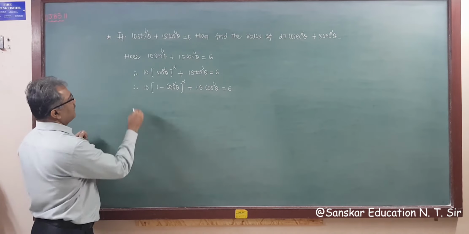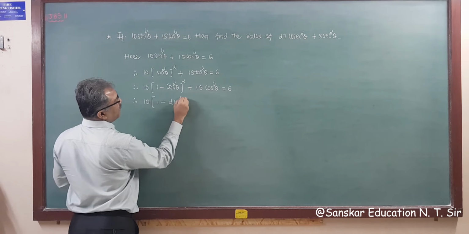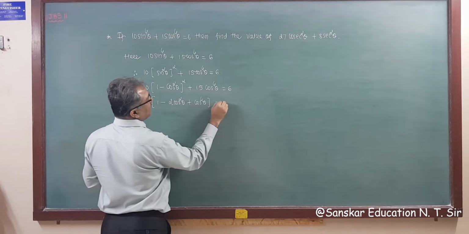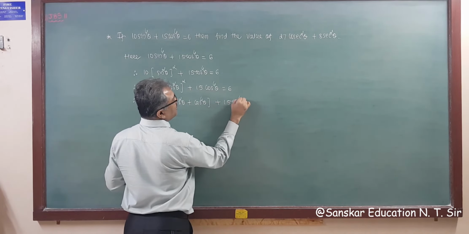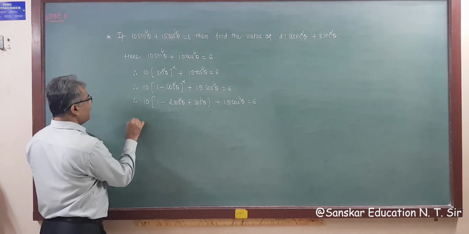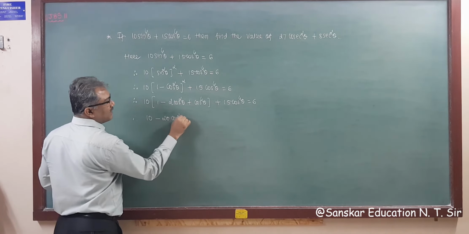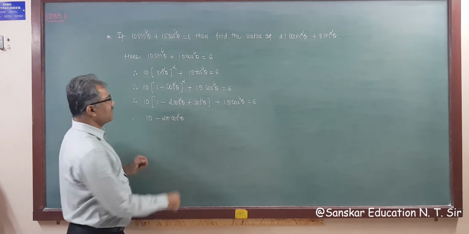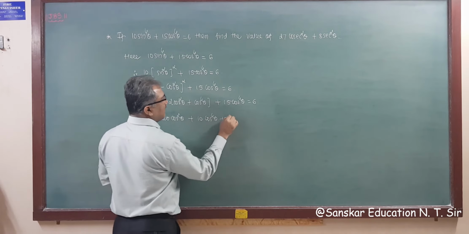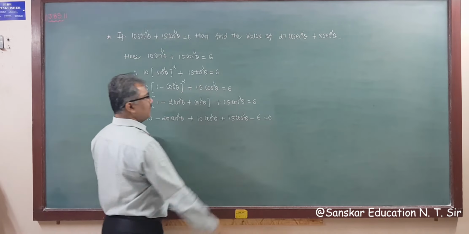Expanding this, it is 10 times 1 minus 2 cos square theta plus cos raised to 4 theta, plus 15 cos raised to 4 theta is equal to 6. Multiplying, this is 10 minus 20 cos square theta plus 10 cos raised to 4 theta plus 15 cos raised to 4 theta minus 6 is equal to 0.